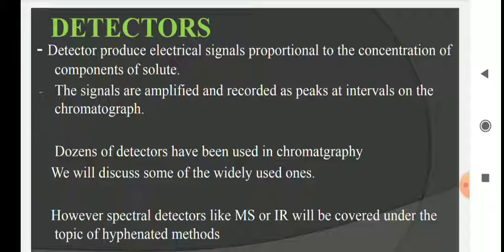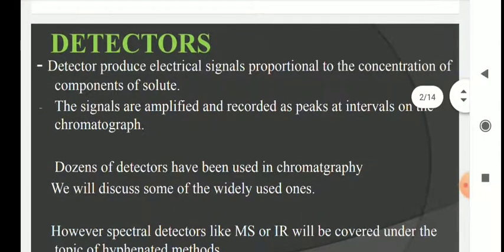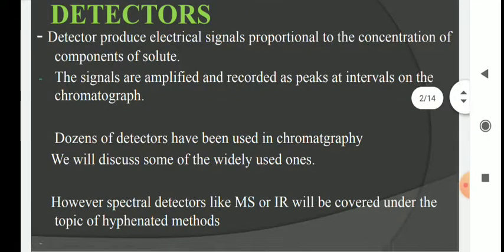The signals obtained from the detectors are amplified and recorded as peaks at intervals on the chromatograph. Whatever chromatographic output you are getting will come out as peaks, recorded as per the order of the solutes coming out from the column and reaching the detector.